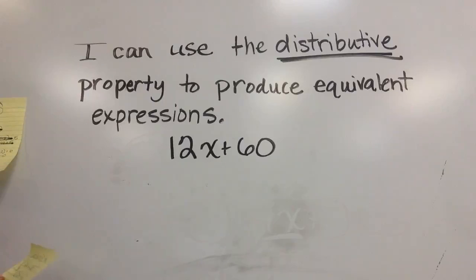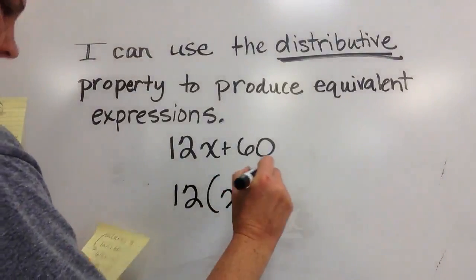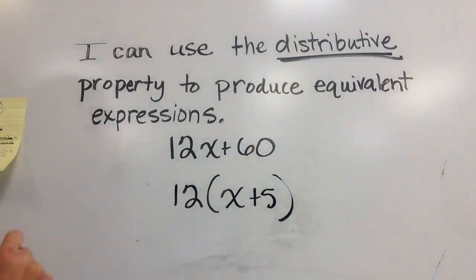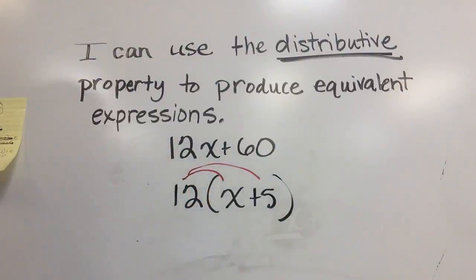So let's take this first example, 12 times (x + 5). We can use the distributive property here to multiply, and this gives me 12x plus 12 times 5, which is 60. So 12x + 60. This would be equivalent to this.